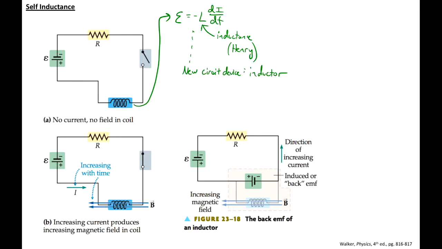It immediately tries to repel that as much as it can. But again, since it's just a coil of wire, it has no magic powers. It's going to lose, and it loses immediately. The only thing that it can really do is sort of delay the inevitable. So it's going to set up an induced magnetic field, in what would essentially be a backwards EMF, to try to oppose that current growth.